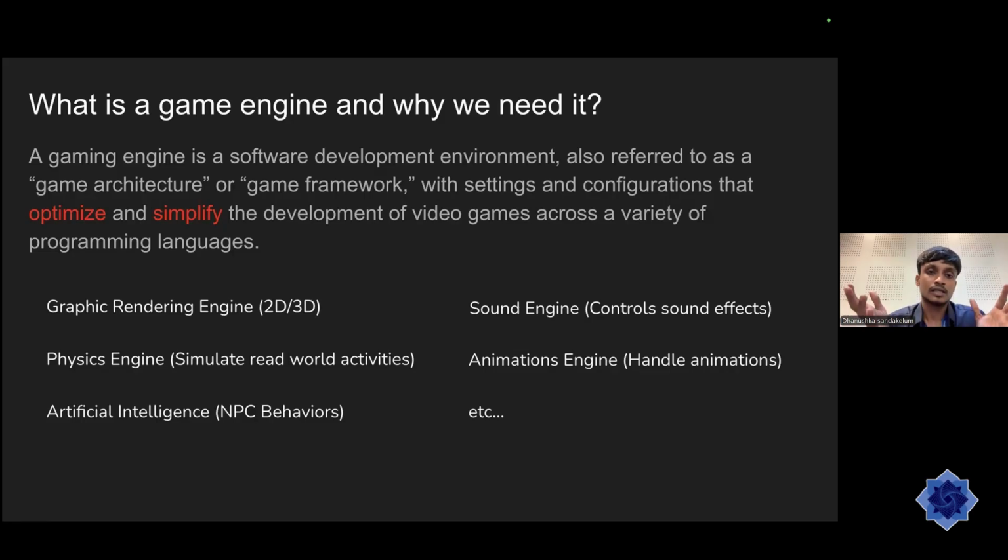So that's the task of a game engine. You can see it's not as simple as traditional software engineering, because there are so many different aspects that game developers have to be familiar with, right?